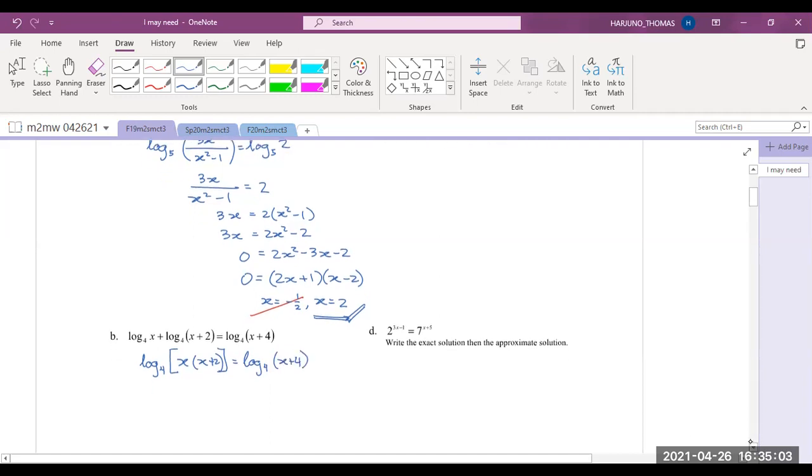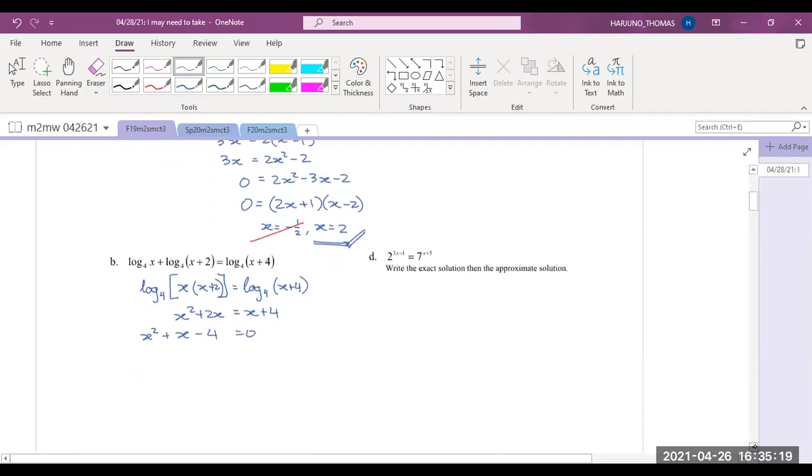Basically the same question as above. Sum of logs equals log of product. Now log equals log means the arguments must be the same. So x squared plus 2x equals x plus 4. Set one side equal to 0. I don't think this one is factorable.